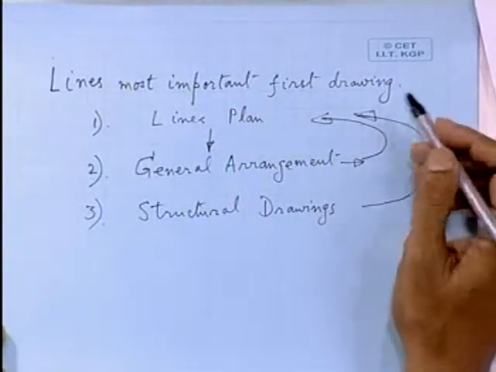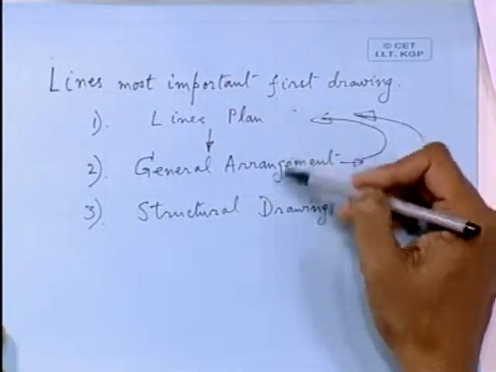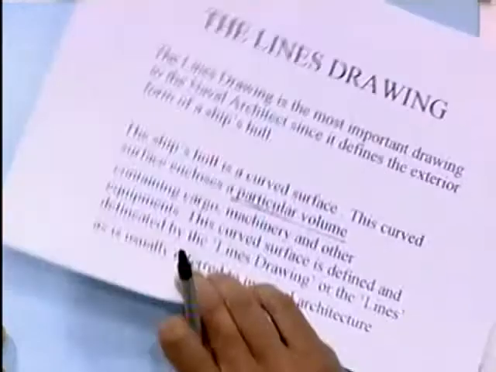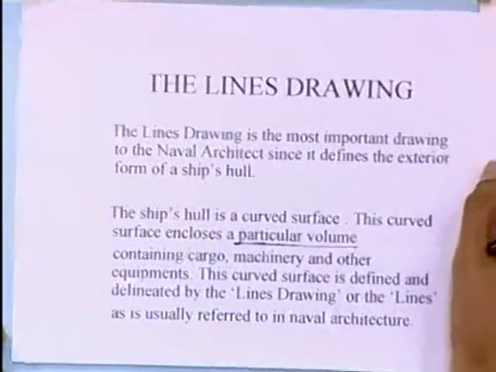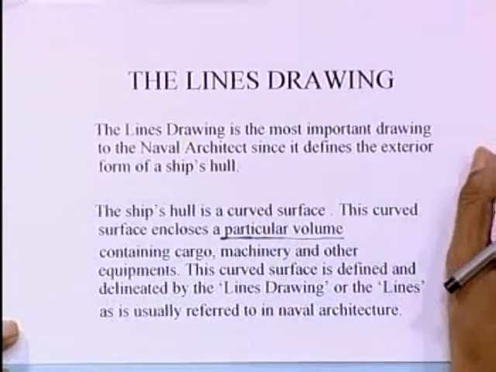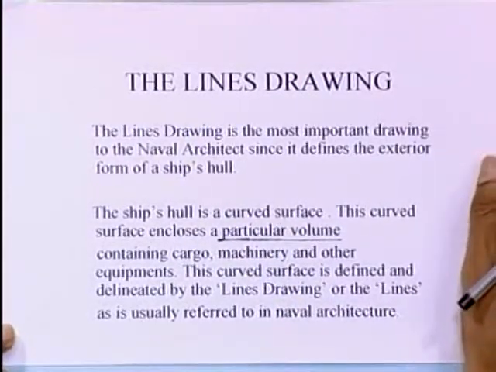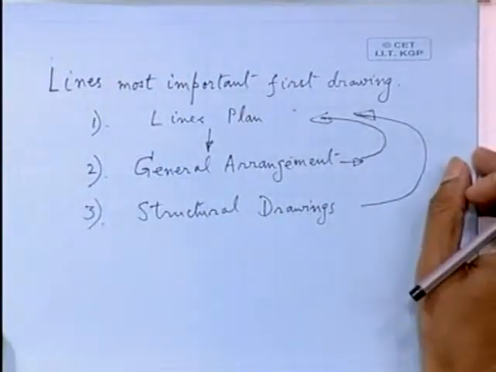So, these two drawings, the lines plan and general arrangement, more or less go together. What I want to tell you is that these lines enclose a particular volume of the ship. And you will find that nowadays ship designs have become very, very complex with the advent of the computer.